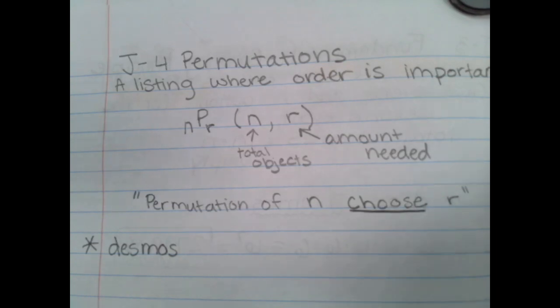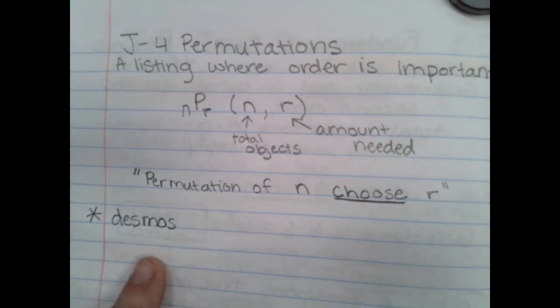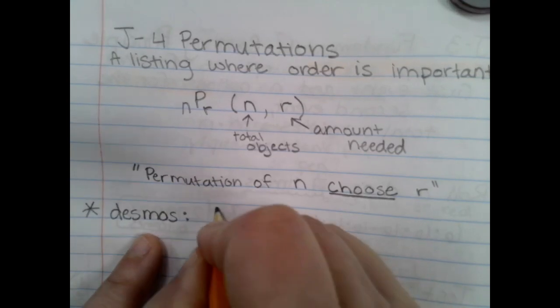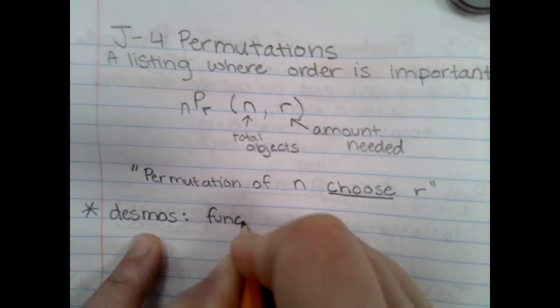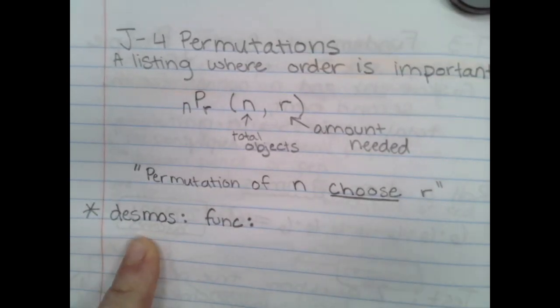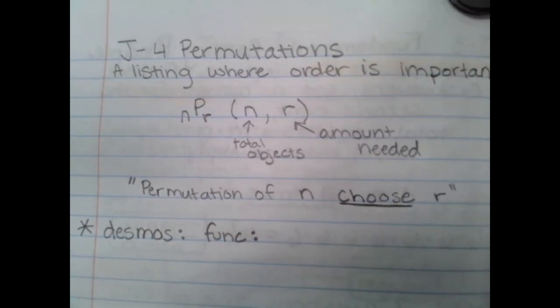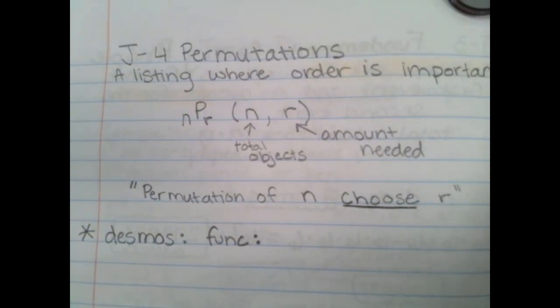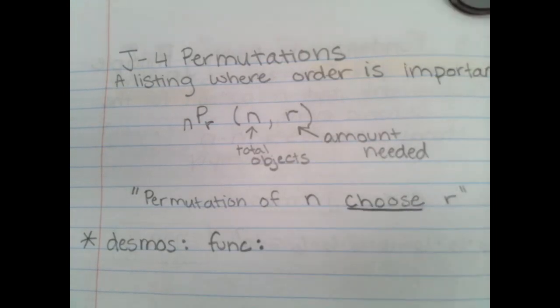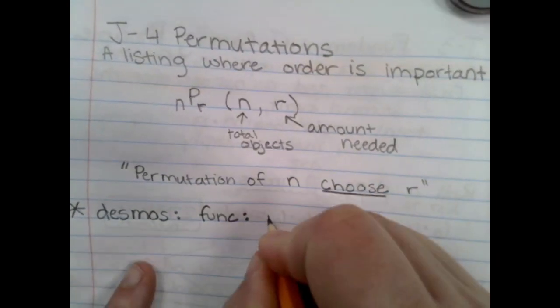On Desmos, the first thing we're going to do is go to the Func menu, F-U-N-C. In the Func menu, we hit nPr.